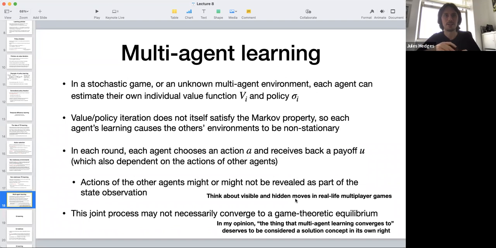This is typically not an equilibrium in a game theoretic sense, but because of theoretical connections between game theory and reinforcement learning, it is an equilibrium-like object. It's the limit of a process of simultaneous maximization.